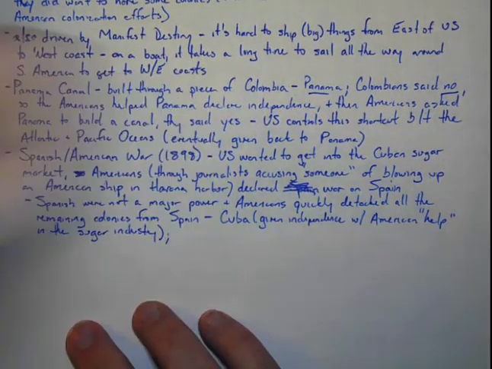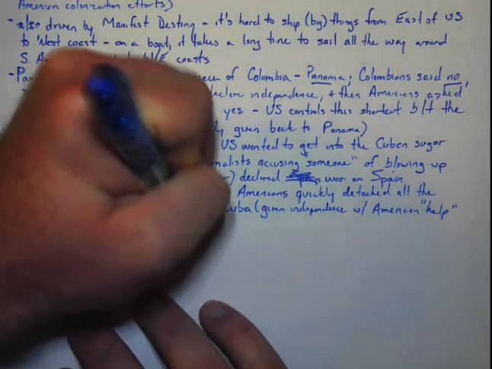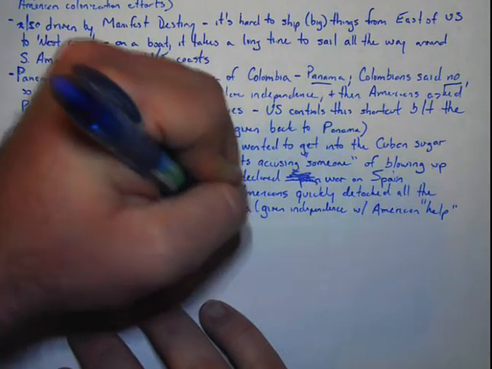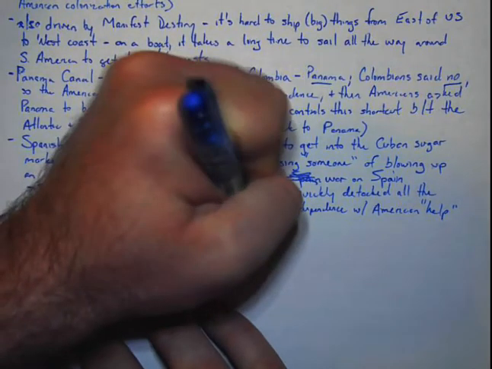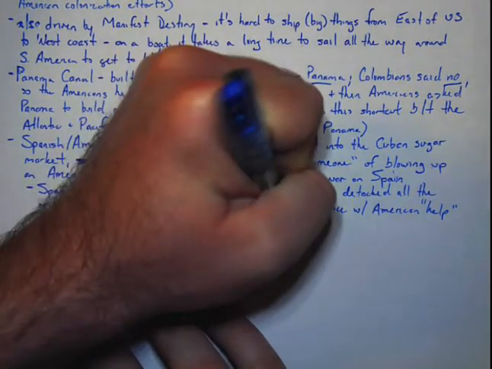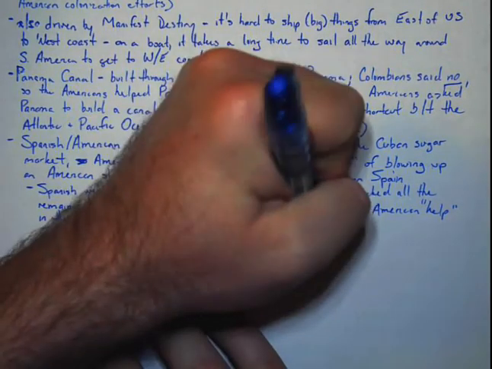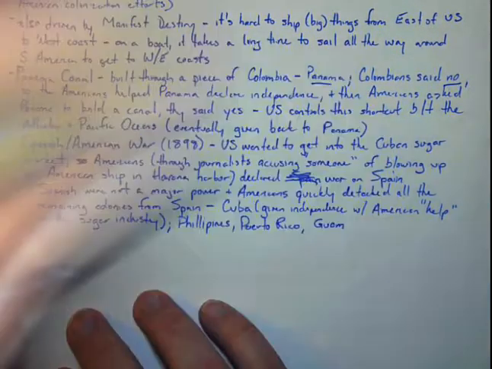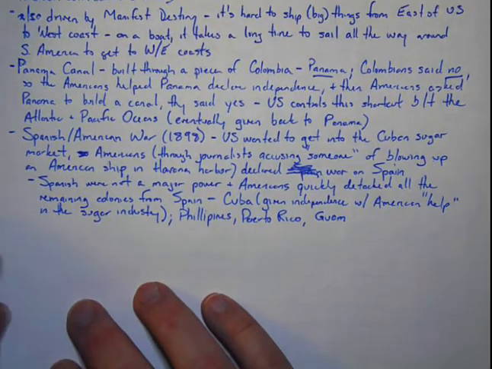But on top of that, the United States got the Philippines, Puerto Rico, and the island of Guam out in the Pacific Ocean. So now, like the other industrialized powers, the United States now has a larger global footprint, just like the British and the French and the Japanese. The Americans now have an empire across the world.